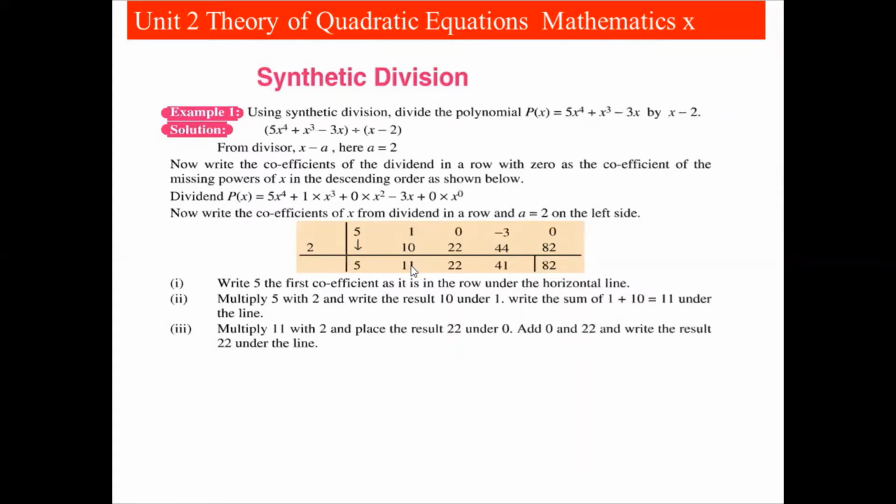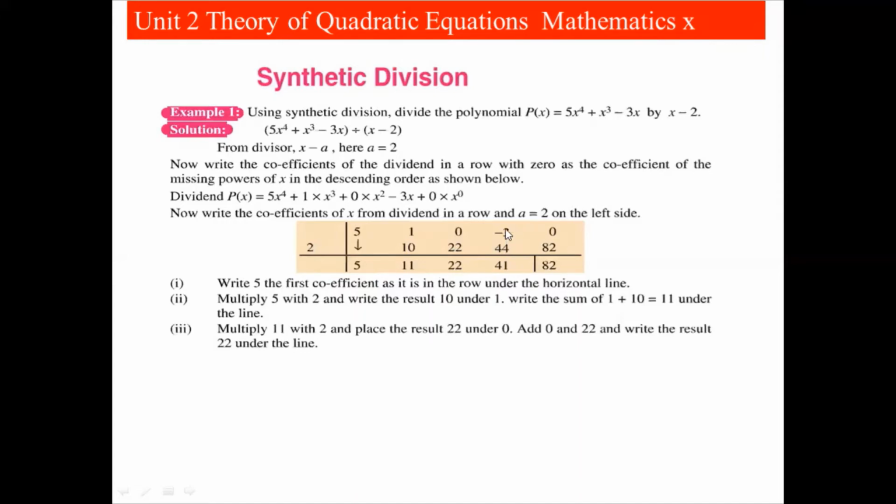Now again we multiply this 11 with 2. When we multiply 11 with 2, we have 22, and we write this result under the 0. Now when we add these two numbers, we have 22. Again we multiply this 22 with 2, and the result is 44, and we write this result under minus 3.